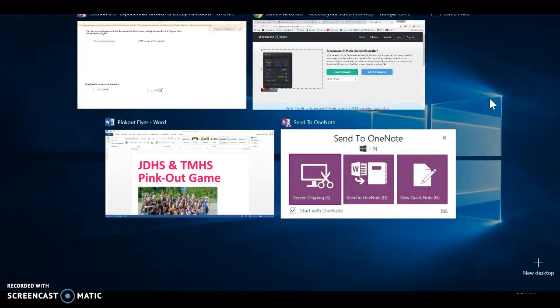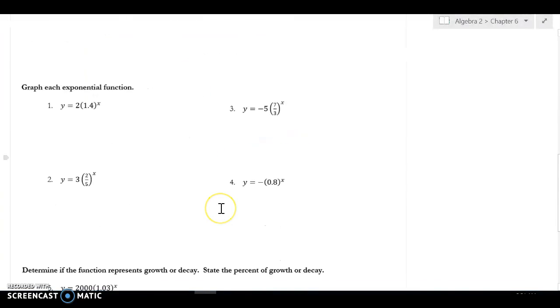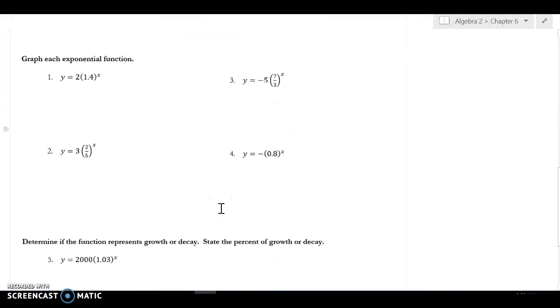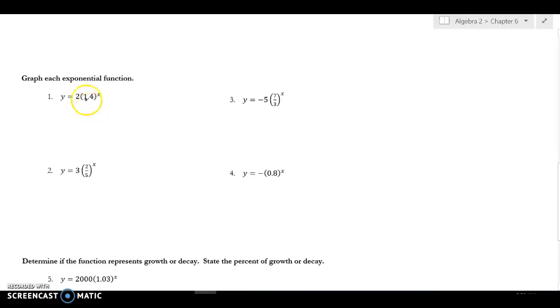Let's go down here. We need to graph this function. This number right here tells me that I'm going to cross at 2. And this number, since it's larger than 1, tells me it's growth. So I'm going to start at the axis, and I'm going to grow away from the axis.